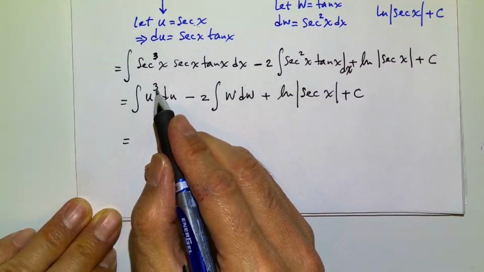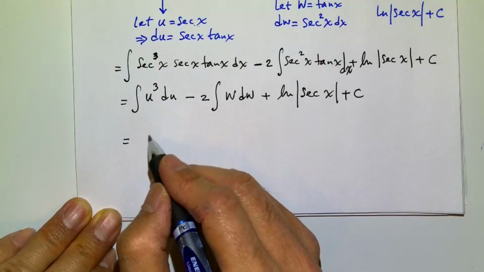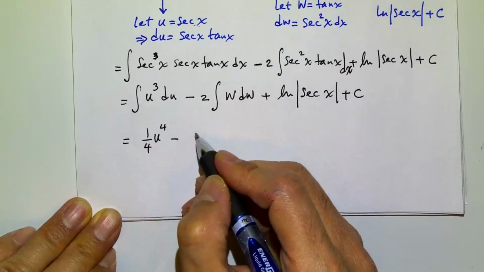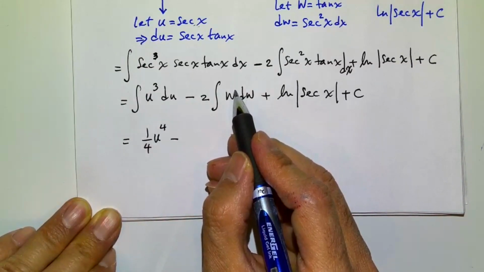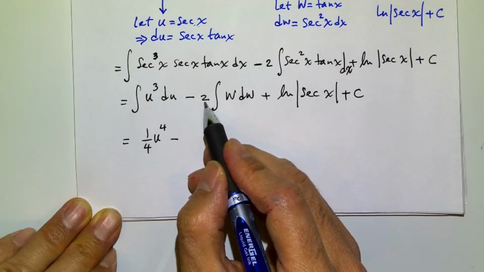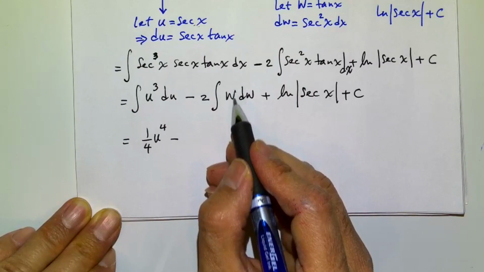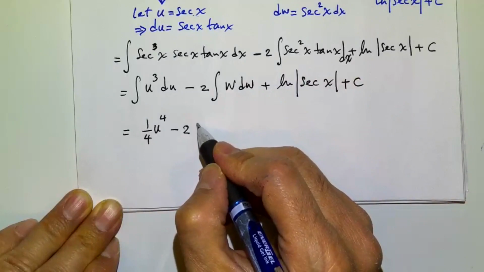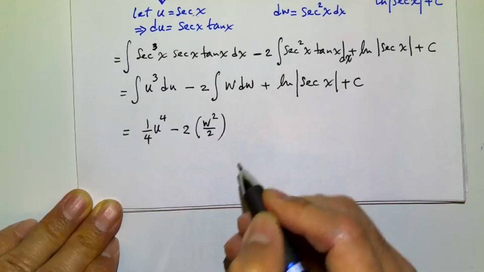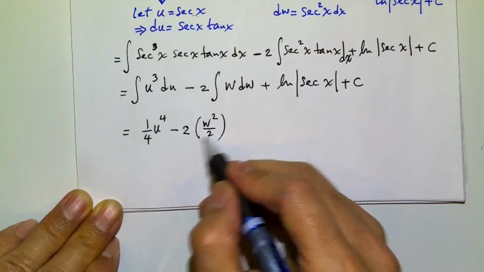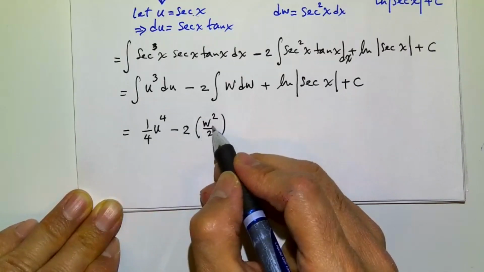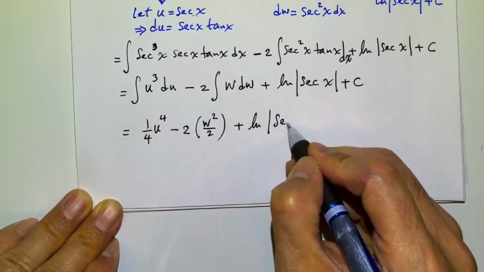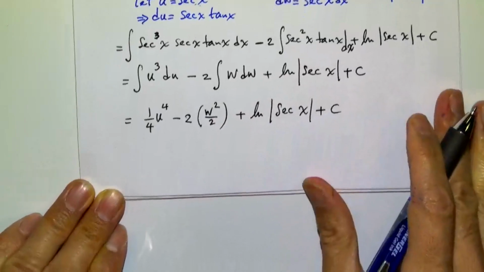And so we add 1 and divide this term by the new power 4, minus, add 1 to this, you get w squared, divide this by 2, multiply by w squared over 2, and then they cancel to give us minus w squared, and plus natural log of secant x plus c.